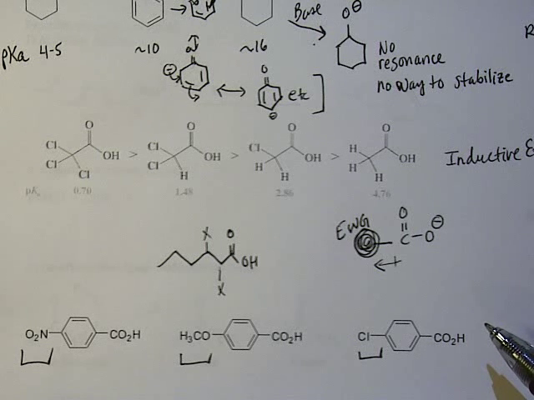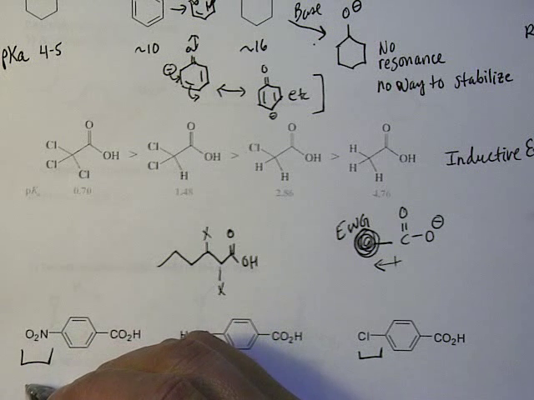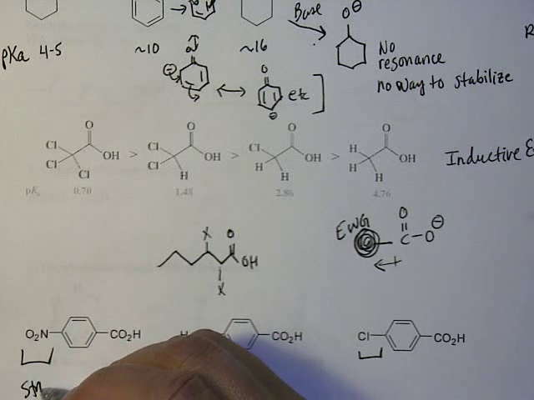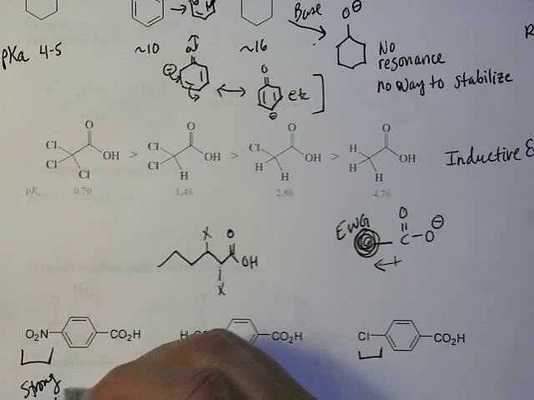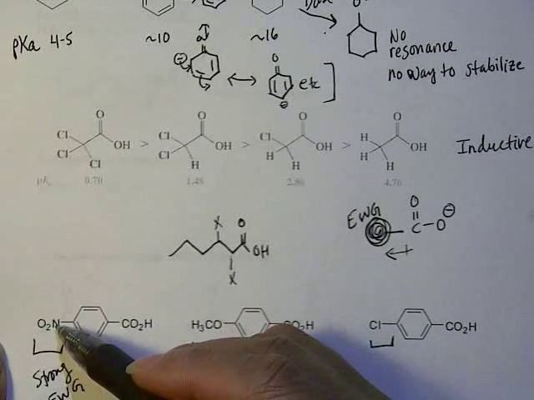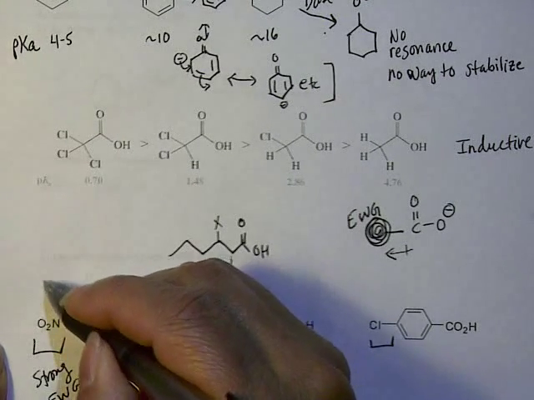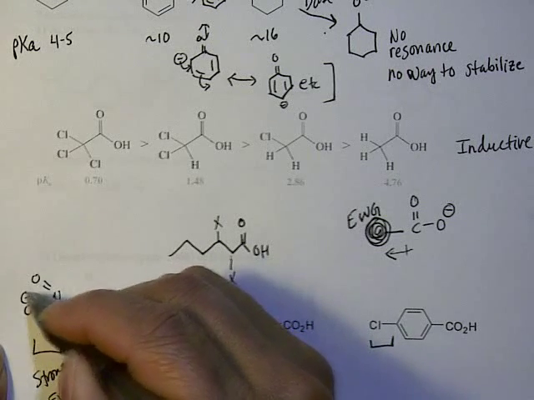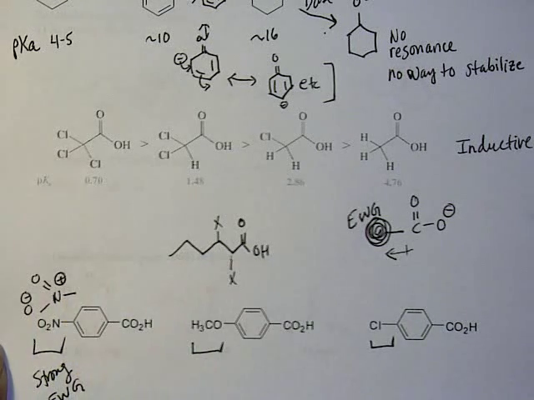All right, so if you remember from the benzene chemistry, you know that the nitro group is a very strong electron withdrawing group. All right, that's because this nitrogen has a plus charge if you draw it out, so it's sucking electron density towards it.